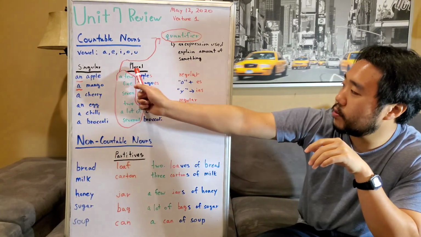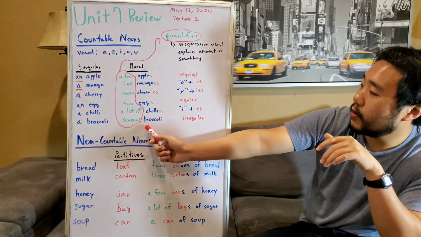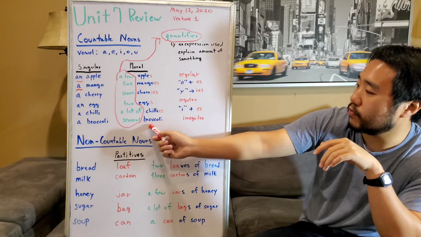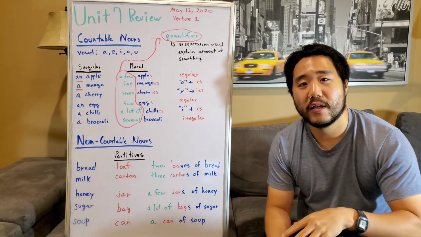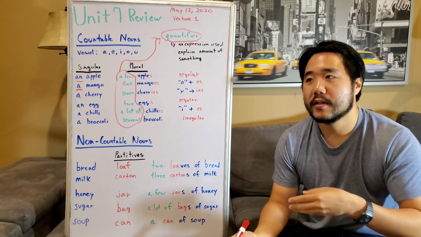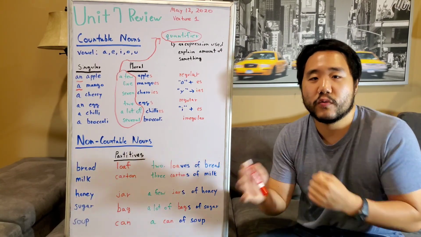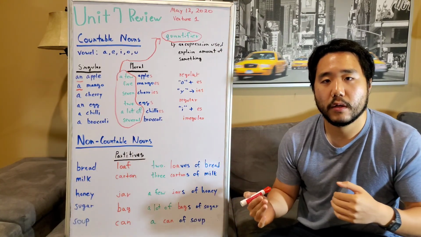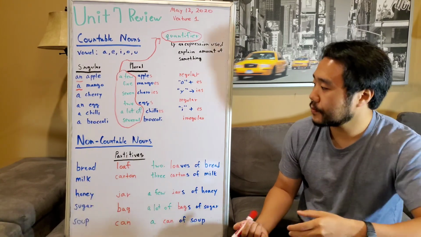In a plural form, I use the quantifier several, but the plural form of broccoli is just broccoli. There's nothing to change. And we call that irregular. It's not normal, but that's part of the rule. There are some words that we don't need to do anything to, as they can be both singular and plural. So I hope you're aware of it.